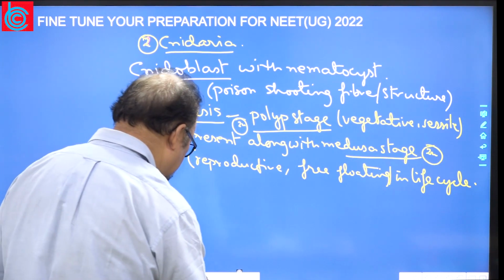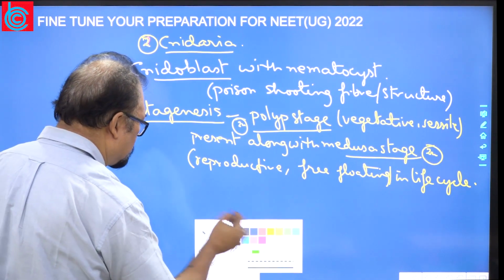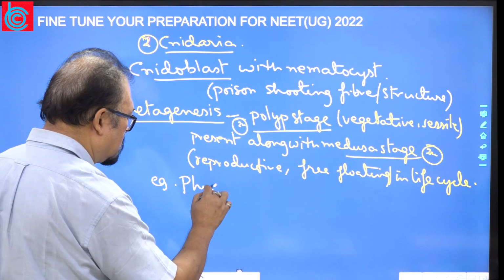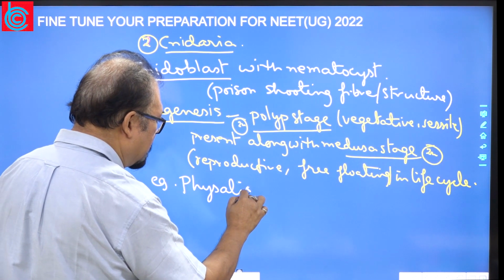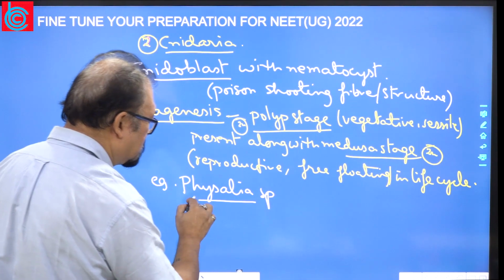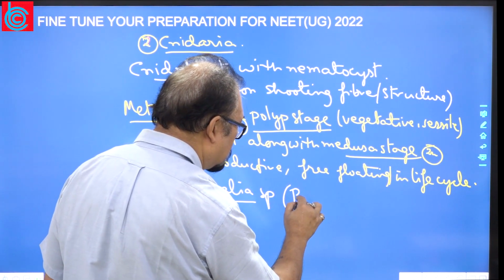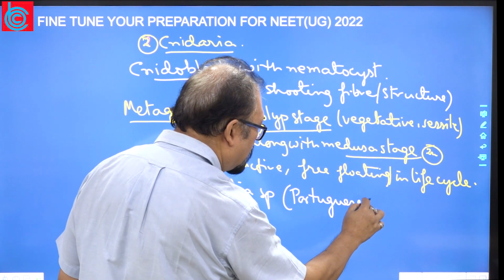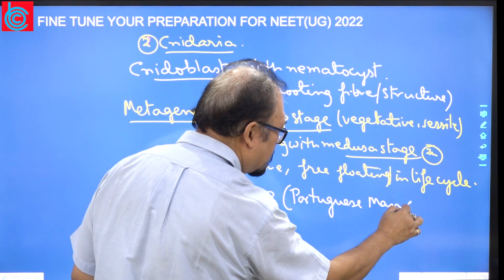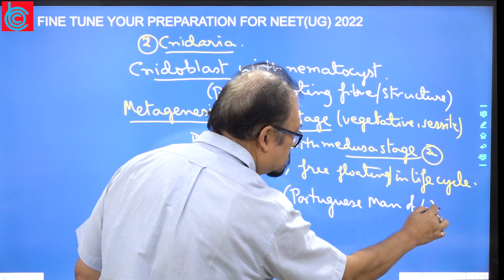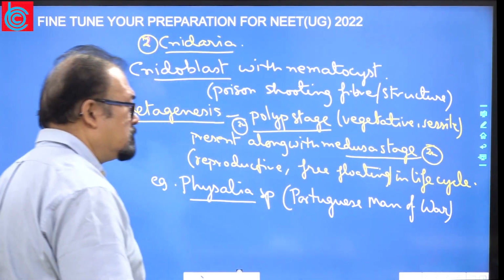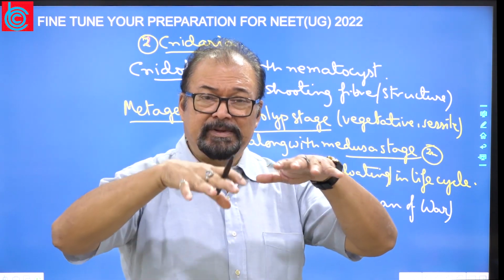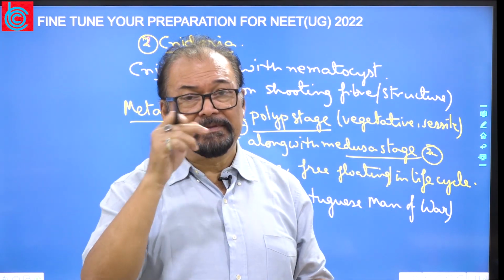Example, Physalia. It is called Portuguese man of war. Because mile after mile, these animals remain free floating. They have the cnidoblast.